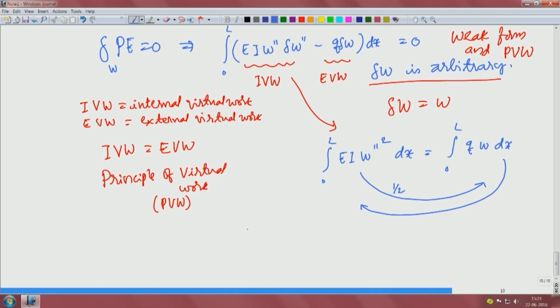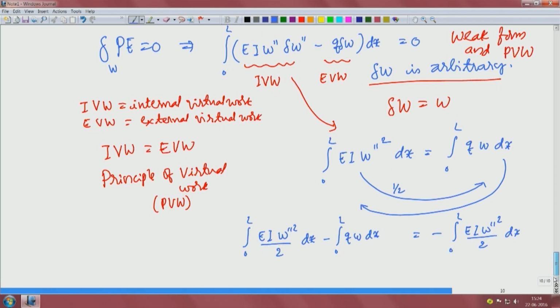So, half will be left behind here, 0 to L E I W double prime square by 2, other half I will take it there, that becomes 0 to L E I W double prime square by 2 dx. Half I have taken the right hand side, half I have left behind, and this one I am bringing back here. So, that becomes minus 0 to L Q W dx.